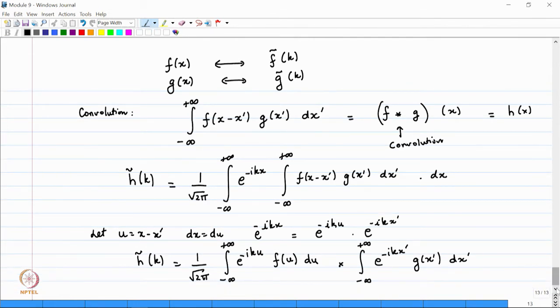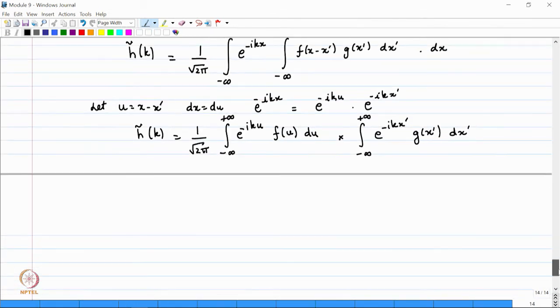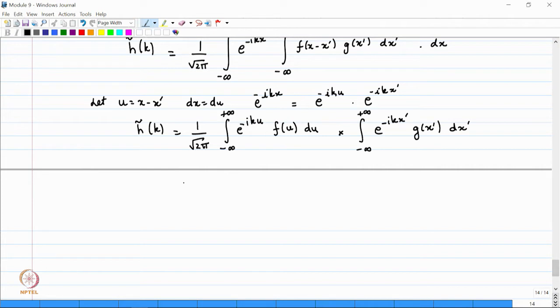Okay. So, that is h tilde of k, and now you can see that this is nothing but the Fourier transform of f. So, this is f tilde of k, and this, with the factor of 1 by root 2 pi, will be the Fourier transform of g. So, I have g tilde of k into square root of 2 pi.